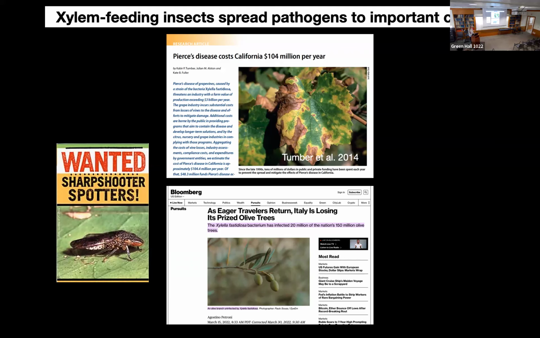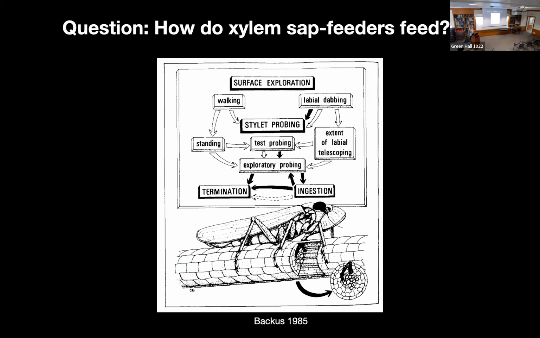Right now there's not a cure, so the aim of this work was to better understand how these insects are able to feed, in order to understand maybe some strategies for preventing the transmission of Pierce's disease, or at least understand how it's happening in the process.